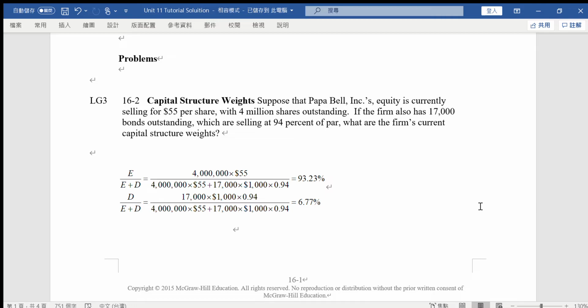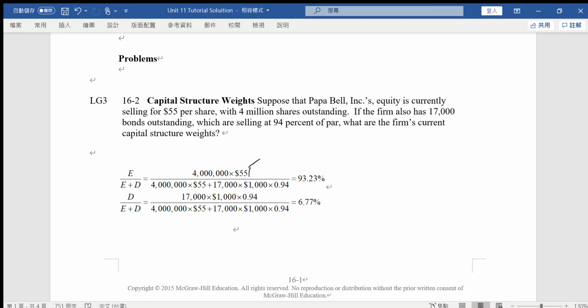Now we need to work out the amount of the equities and the amount of the bonds, and then based on that work out the percentage of each finance weight. The first one is the equity portion. We have 4 million shares, each at $55, and that will be the value.